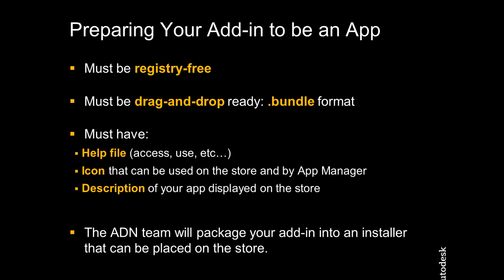Once you've got this information ready, the add-in team will package your add-in into an installer that can be uploaded on the store. So let's see in more detail what is the exact content of a bundle.